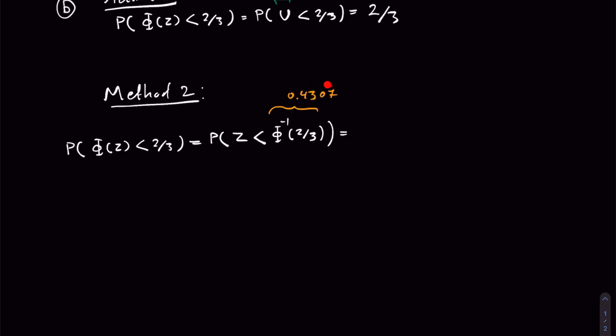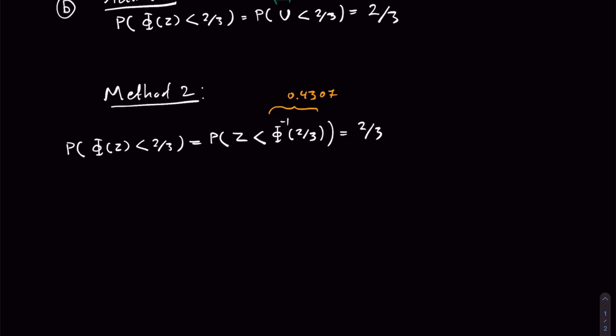If you put this into the qnorm function in R, and then that number into pnorm to get the distribution, the probability of that event in the standard normal distribution will become 2/3.